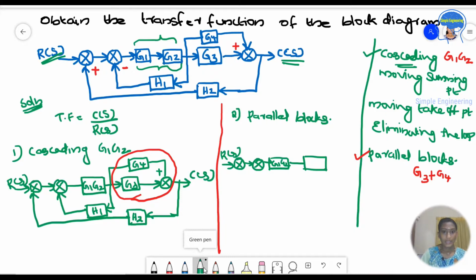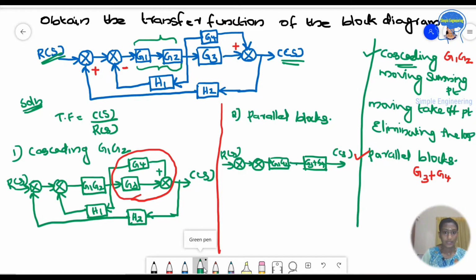Now we are eliminating this parallel block. This is not the loop, this is the parallel blocks. Eliminating this parallel block, this summing point will go, and G3 and G4 you write as G3 plus G4. Then you have C of s.